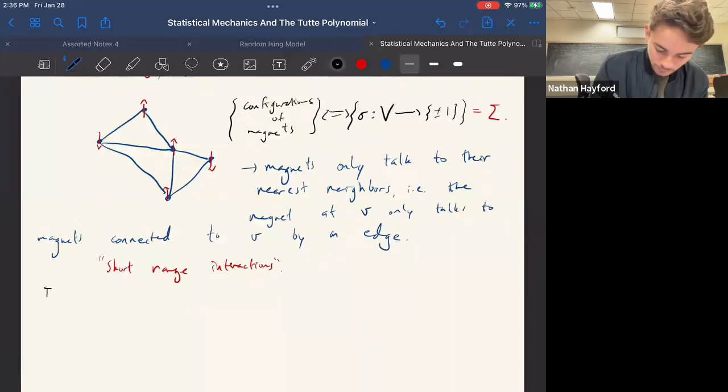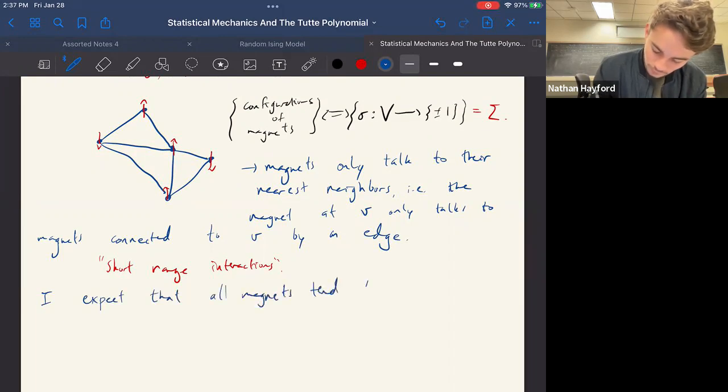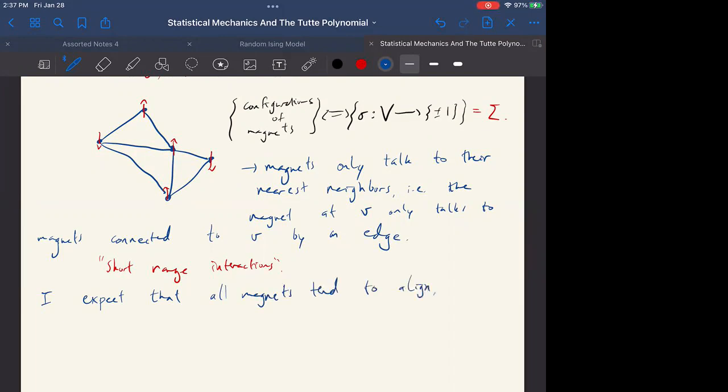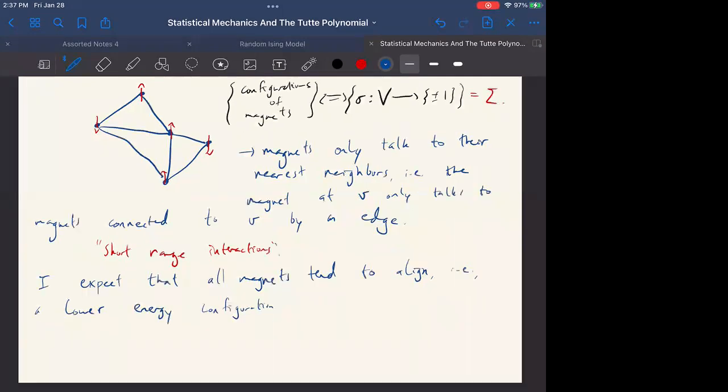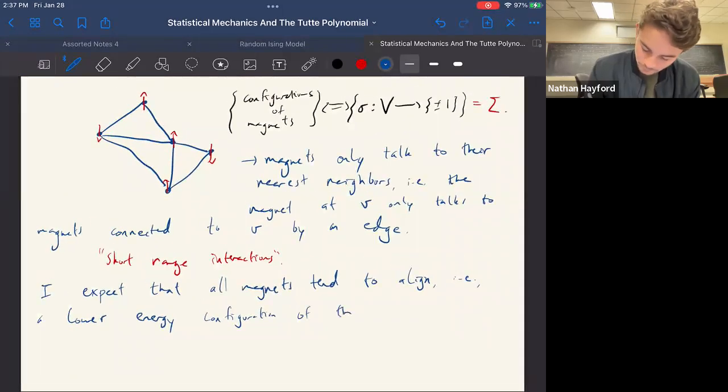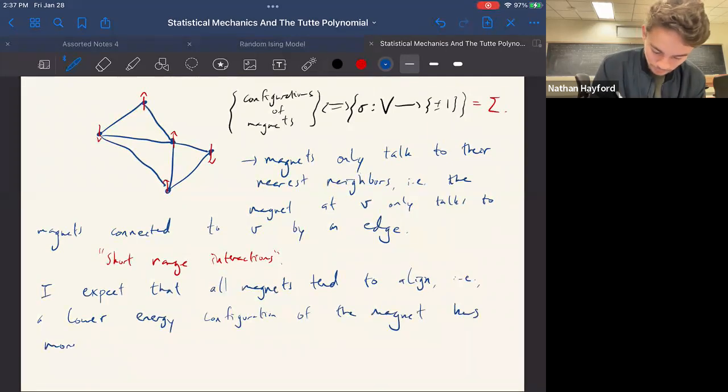I expect that all magnets tend to align, i.e. a lower energy configuration of the magnet has more spins aligned, or more magnets aligned.